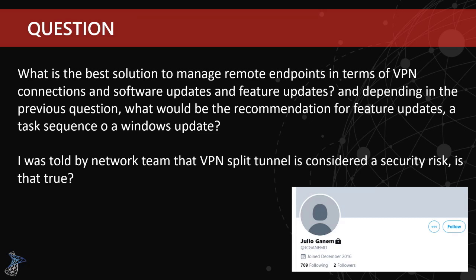But then in terms of the best solution to manage, once you've got split tunnel working and have everything in place, everything else just kind of works as you'd expect. If stuff is being served on-prem, then it's going to go over the VPN regardless. But the blogs that Justin referenced take you through the various options that you have. If you go with the true split tunnel and have your VPN be able to use the internet, we'll just go get the updates from Windows Update.